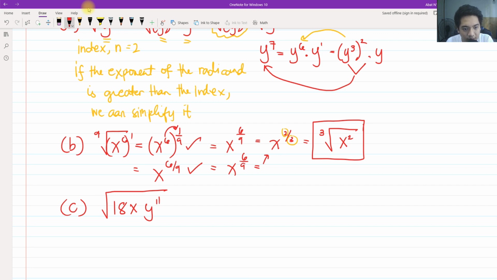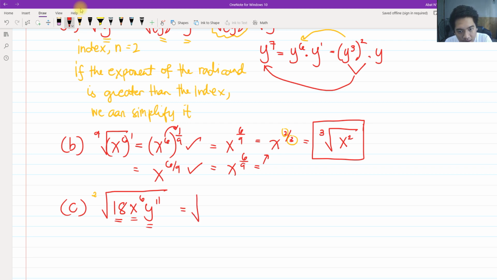Since our index is 2, we will be splitting these three terms, 18, x raised to 6, y raised to 11, in such a way that we can factor out some x and y and some factors of 18 outside of the square root sign. So how are we going to do it?